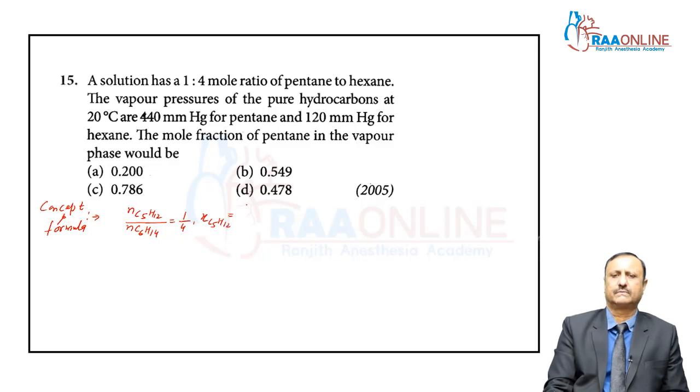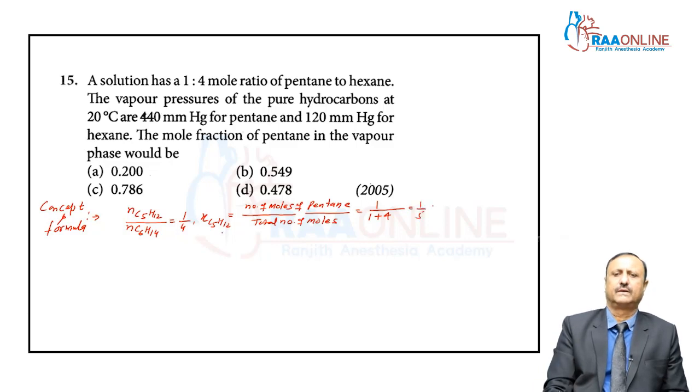What is the mole fraction? The number of moles of pentane divided by the total number of moles. And what is the total number of moles? It is pentane plus hexane. So 1 for pentane and 4 for hexane. So here you can see the mole fraction of pentane equals 1/5.